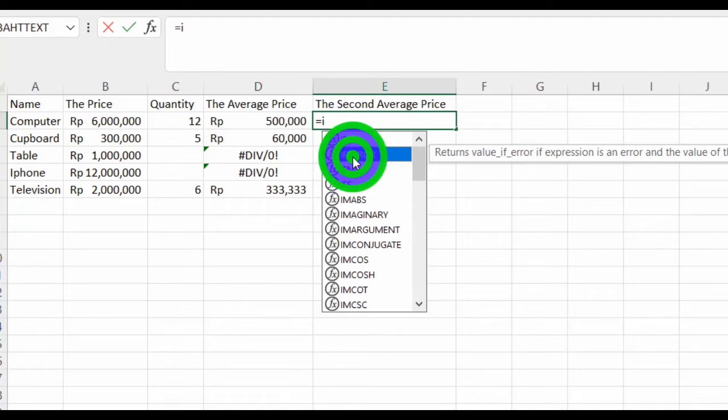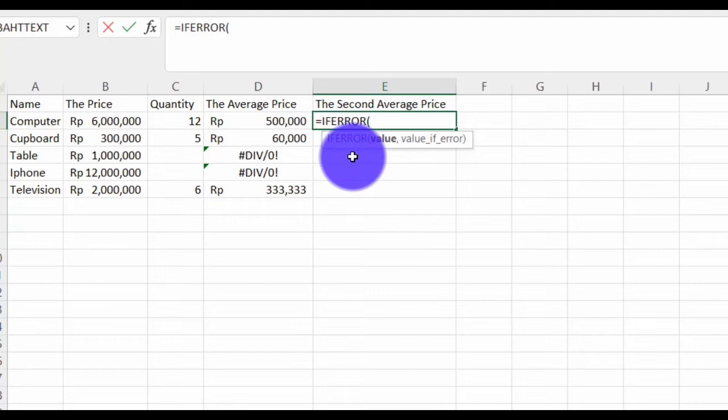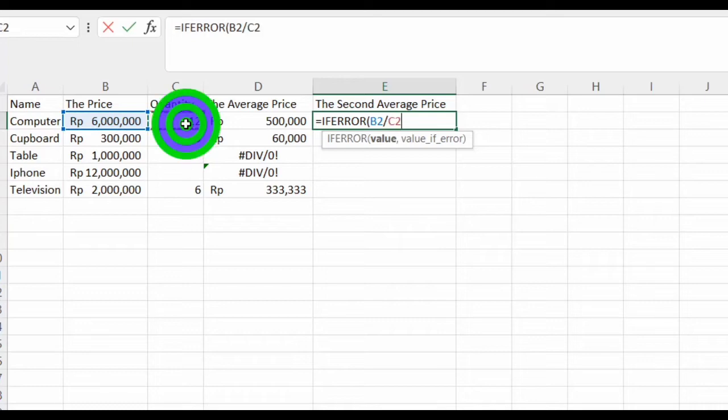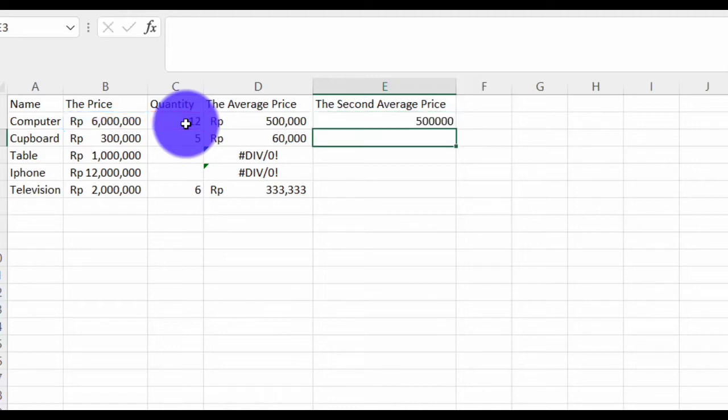And then for the value I will give the price, divided to this, and then I will make apostrophe, strip, and then apostrophe, and then close. What will happen?